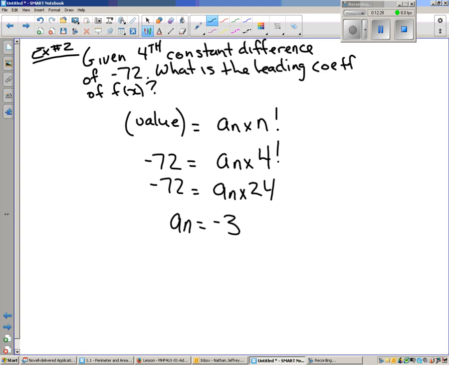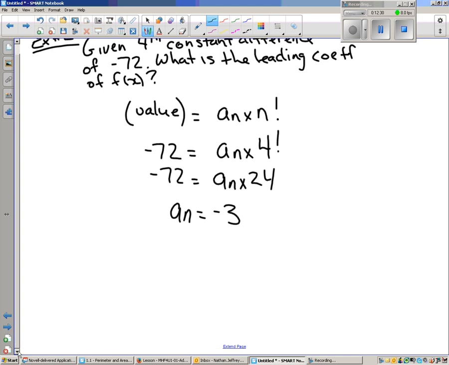So we can determine that our polynomial function that gives us a fourth constant difference of -72 is going to start out looking like -3x to the 4. And if I gave you more information, you could start building a graph and going from there.